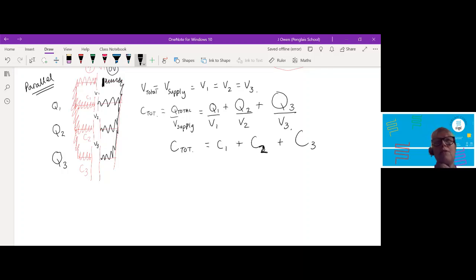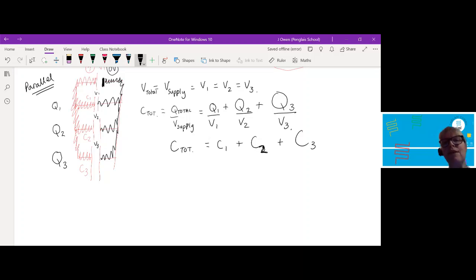And that makes sense because the total charge is the sum of all of the charges on all of the plates. That means that the total capacitance in parallel, you can just add them up.